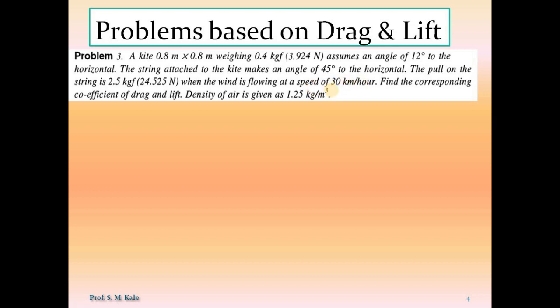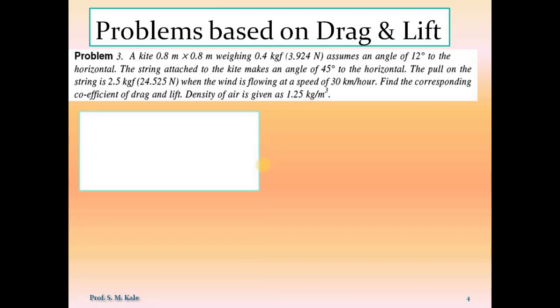So we have to find out the corresponding coefficient of drag, CD, and coefficient of lift, CL, and the density of air is given as 1.25 kg per meter cube.